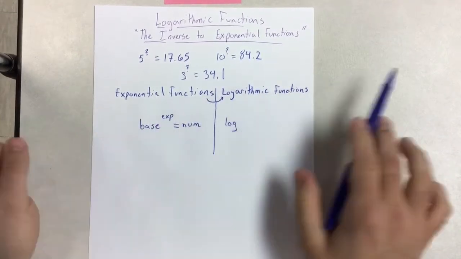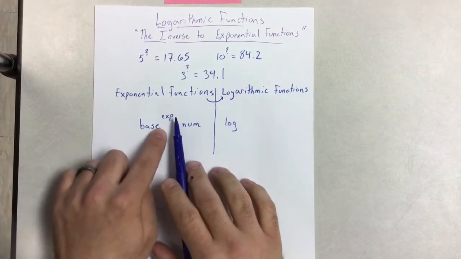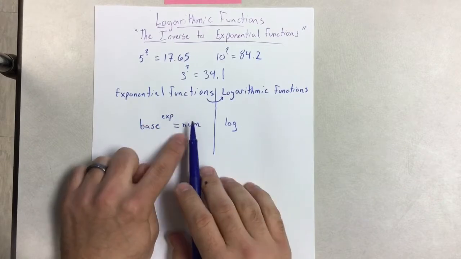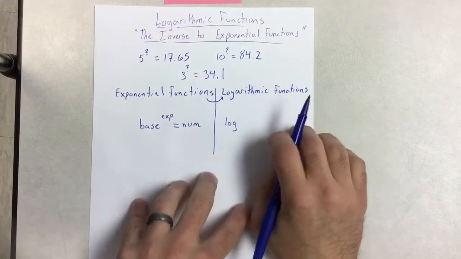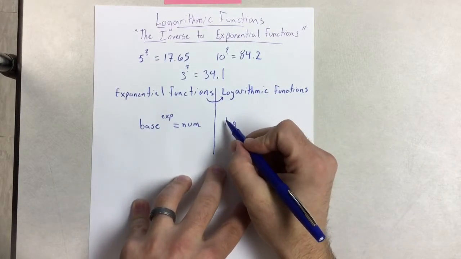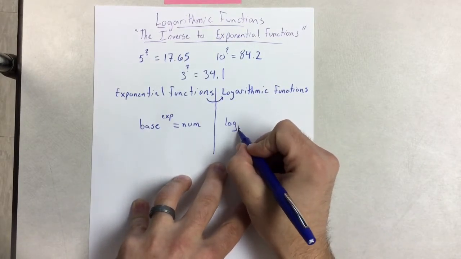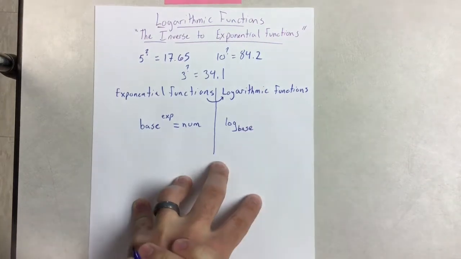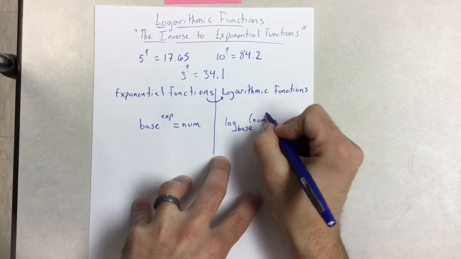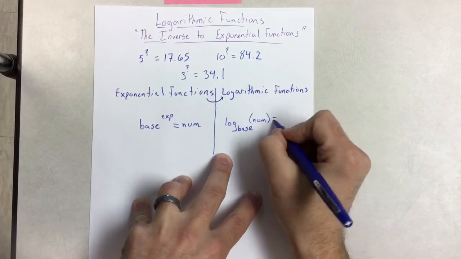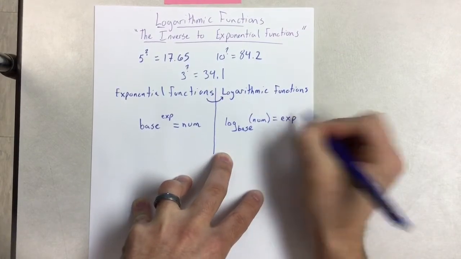So remember, exponential functions were a base raised to an exponent and we equal a number. Well, with logarithmic functions, we have a log and we say there's a base number right here, log base of some number will equal the exponent.